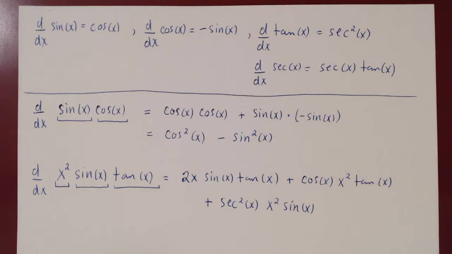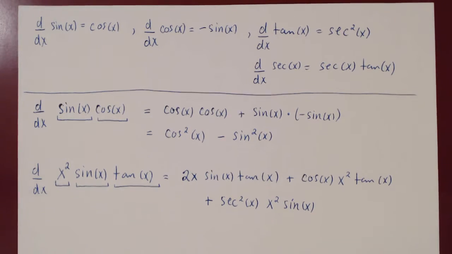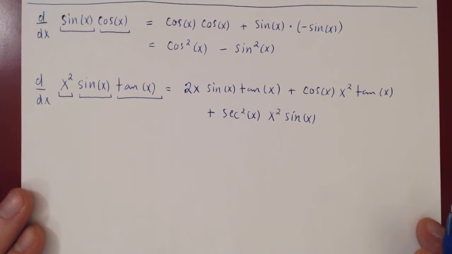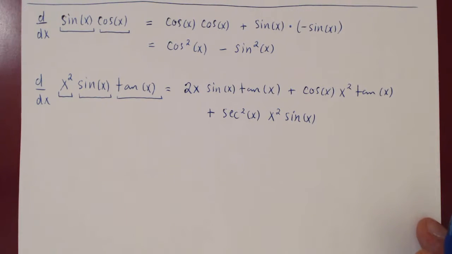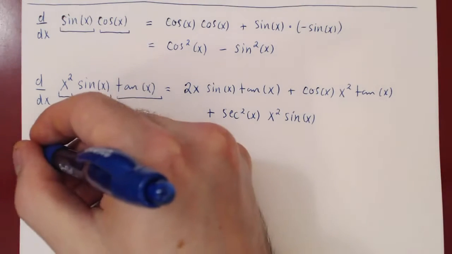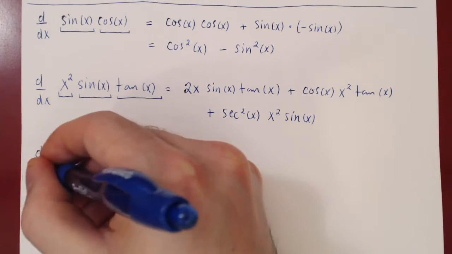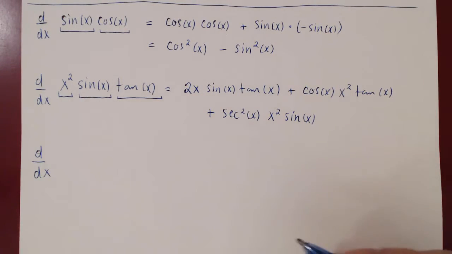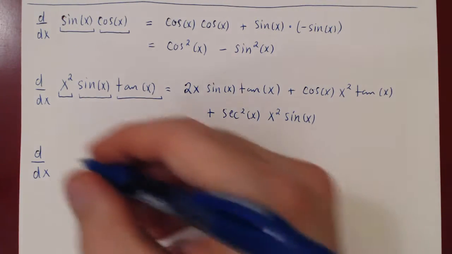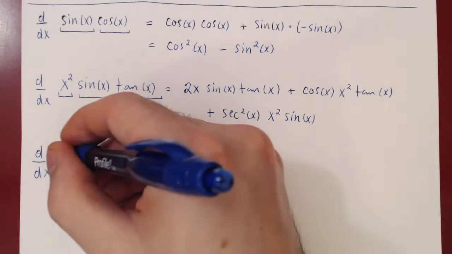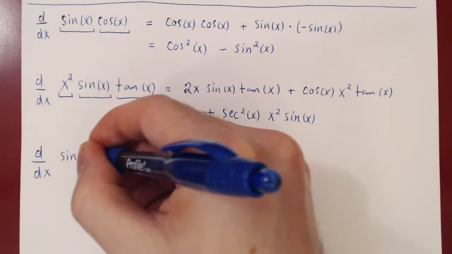Let's consider now an example involving the chain rule. So what if we said the derivative, see where we have to be careful, say, of sine of x squared.